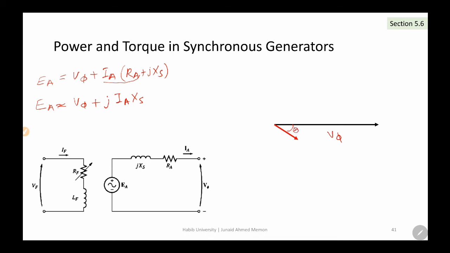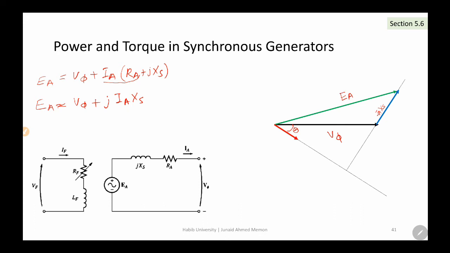We can now construct the phasor diagram, and using the same equation, V phase plus jIAXS, we can add IAXS like this, because it is at 90 degrees to the phase vector. So then we have this IAXS component, and we can add those two vectors to get our EA.